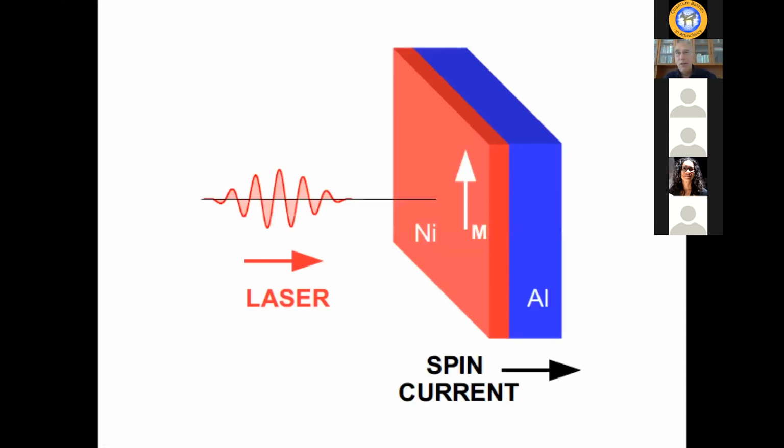This is now a comparison with the other mechanism that was proposed in the literature before, namely if you have such a slab of nickel, which initially is magnetic, and aluminum, which initially is non-magnetic, then upon the laser pulse, you see two effects. On one hand, the reduction of magnetization due to spin-orbit coupling that I just showed you, but there's also magnetization flowing away from the nickel part into the aluminum. So it goes away from one part of the system to another.